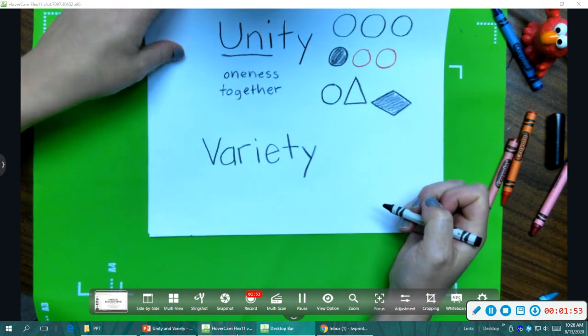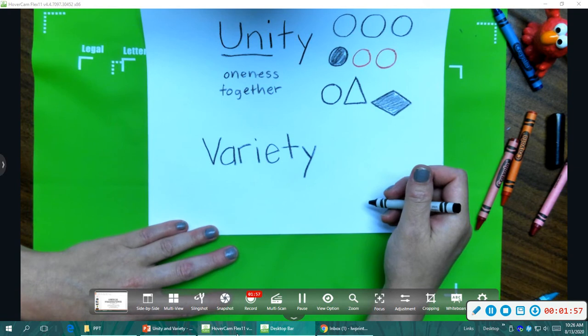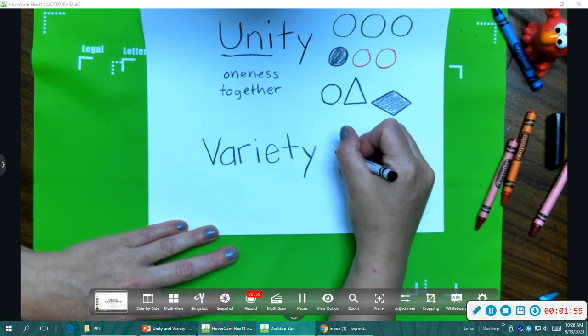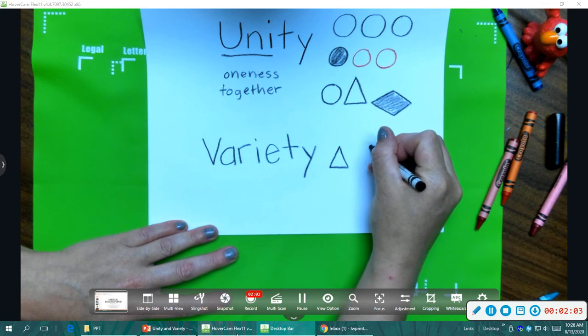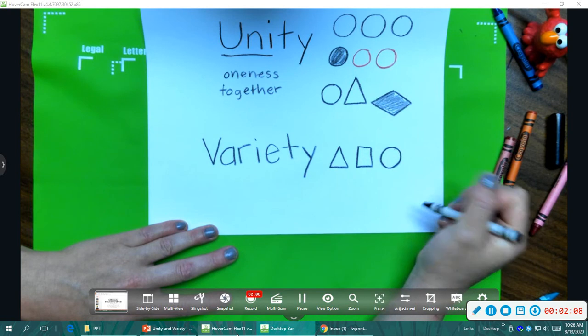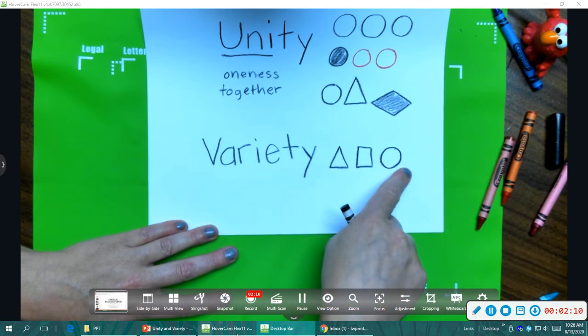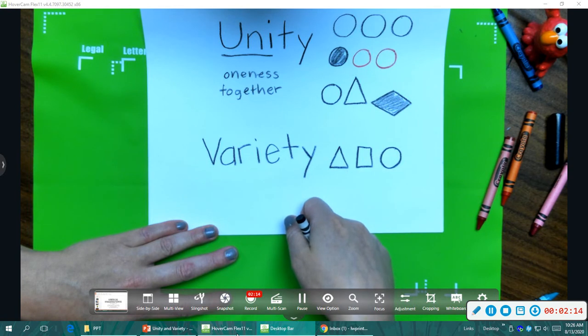Alright, now variety is the opposite of unity. So for example, in order to have a variety, I would need to have different shapes. Okay, so I've got variety in shape, and I don't currently have variety in size, placement, or color.